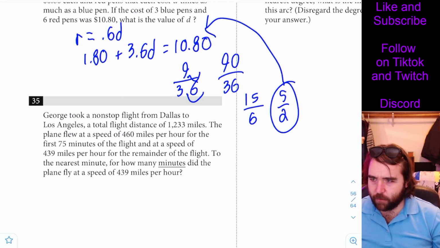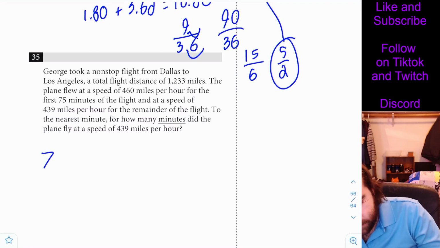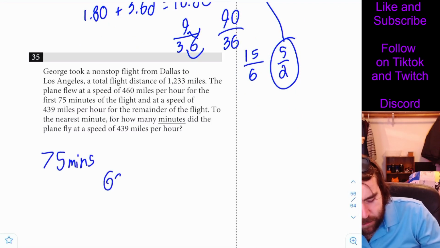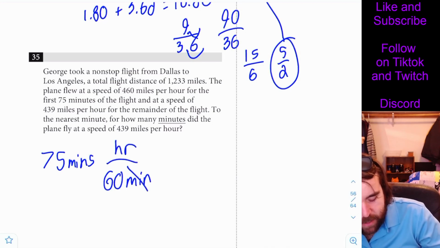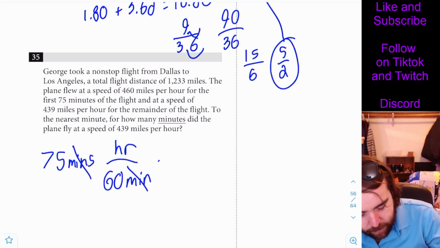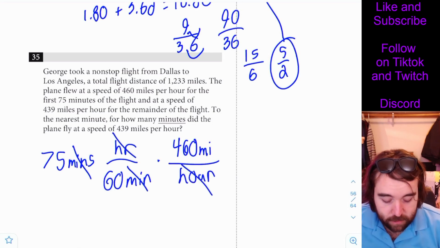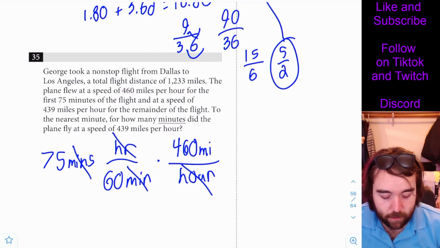So we go for 75 minutes, which we actually don't want in minutes, we want that in hours. So then we'll multiply by 60 minutes per hour. So now we're in hours, and we're going to find the distance that they traveled because they went 460 miles per hour. So now the hours cancel. So now we found the total distance that they've gone.